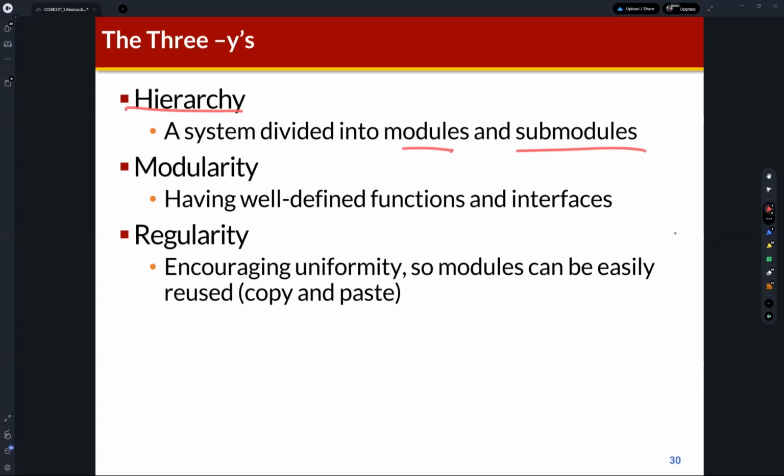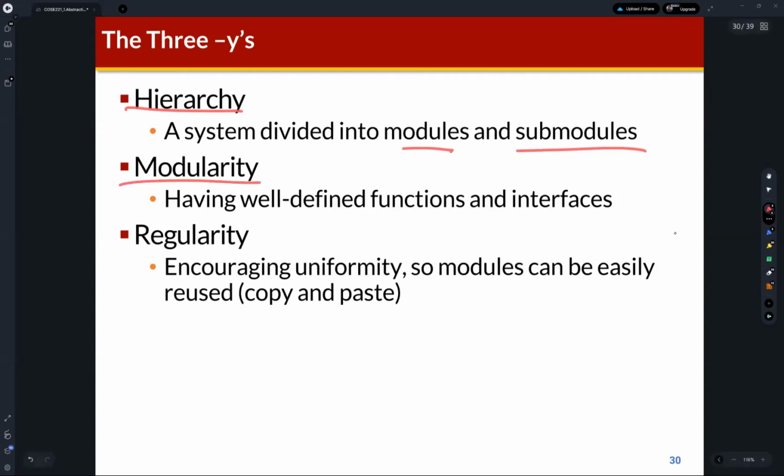But in this kind of system, hierarchy means this system can be divided into many modules, and also a module can be divided into many submodules. This is the meaning of hierarchy in digital systems.